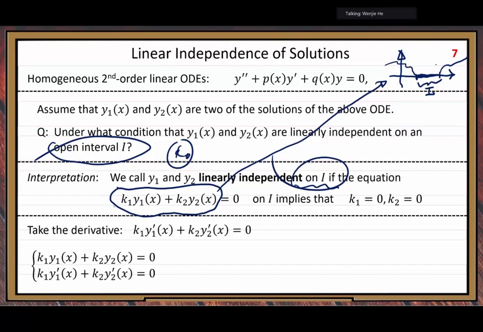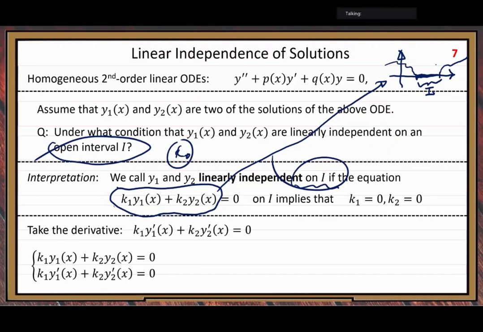The y1 function and y2 function are known functions, sine, cosine, for example. We treat the two solutions as known functions, but k1, k2 are unknown parameters.